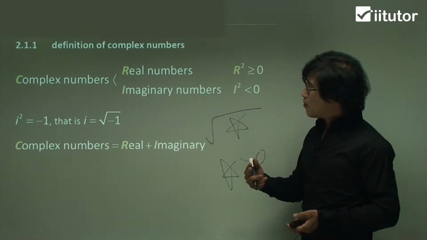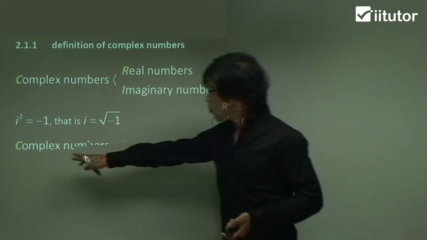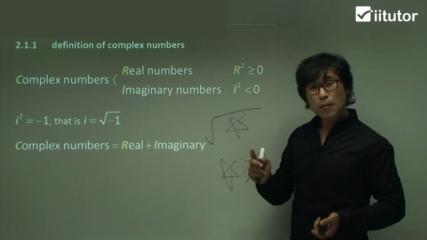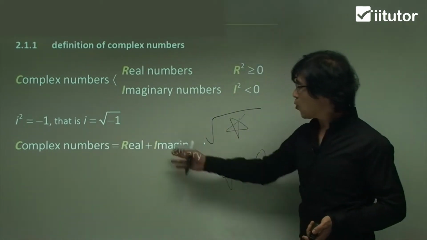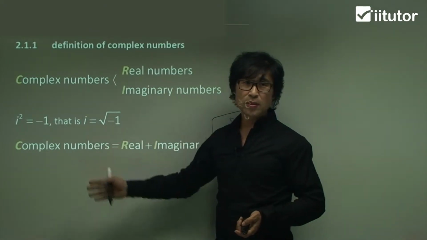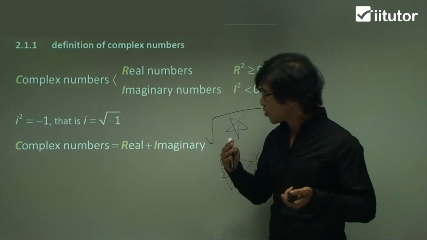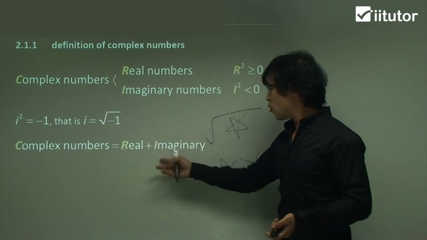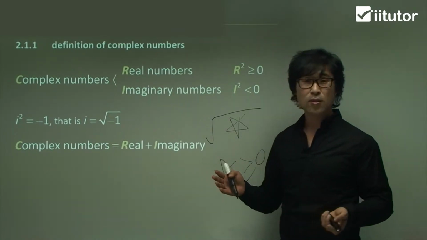Now, these are quite simple. A real number is also part of the complex numbers, and an imaginary number is also part of the complex numbers. If you have only a real number, we can call that a complex number. If you have only an imaginary number, we can also say that is a complex number.